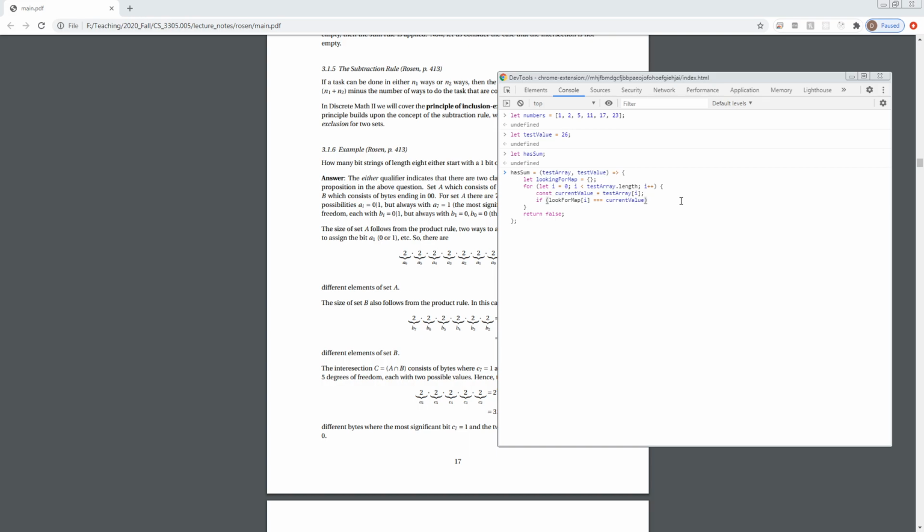In other languages, the syntax for this would be a little more complicated, but JavaScript is very kind about this particular case. So I'll use curly braces here instead of doing it in one line, just for familiarity of style. So if it has that value, then return true, because we have our sum.